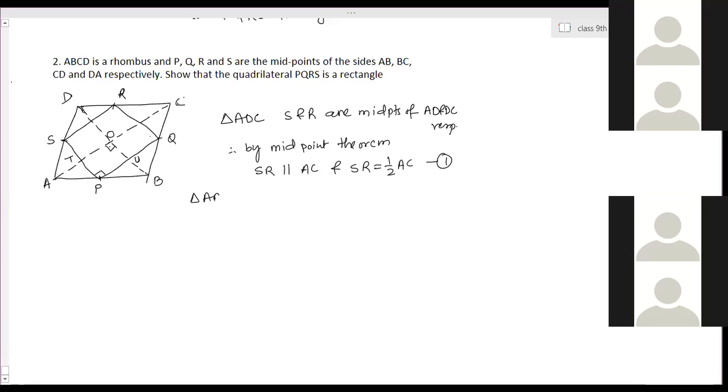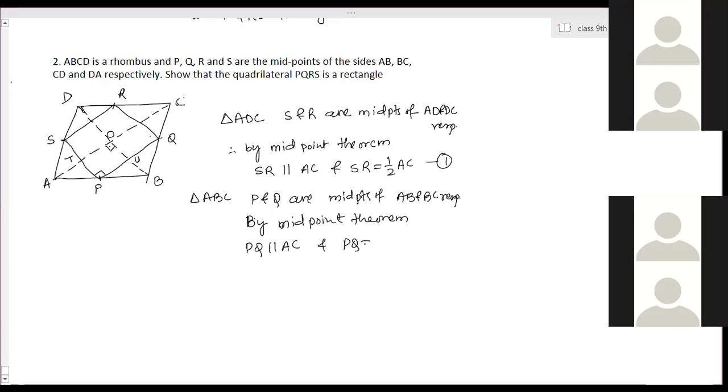In triangle ABC, P and Q are midpoints of AB and BC respectively. So therefore, by midpoint theorem, PQ is parallel to AC and PQ is half of AC.